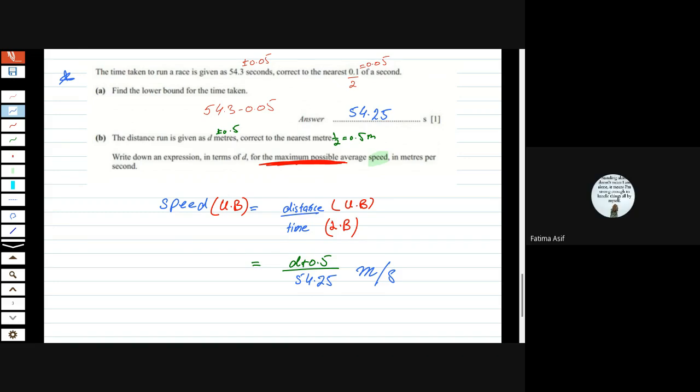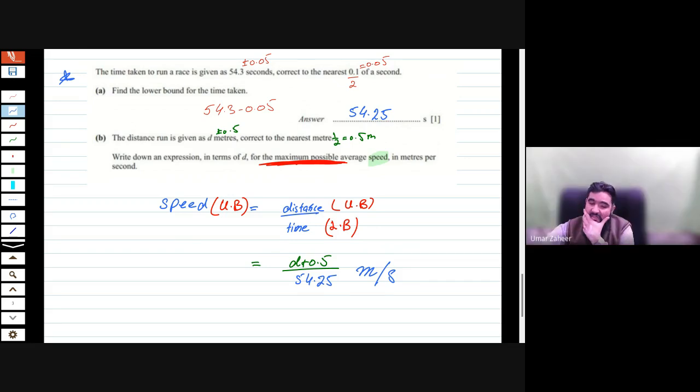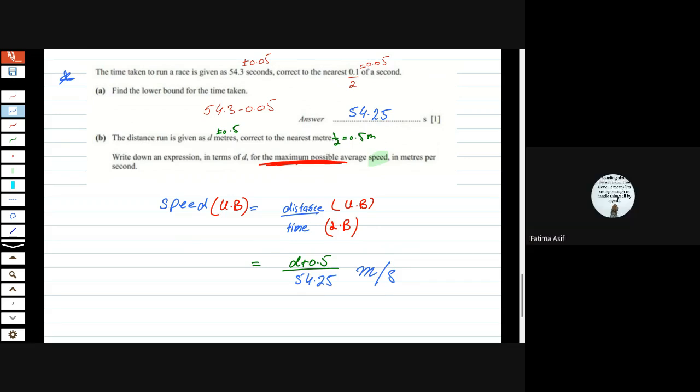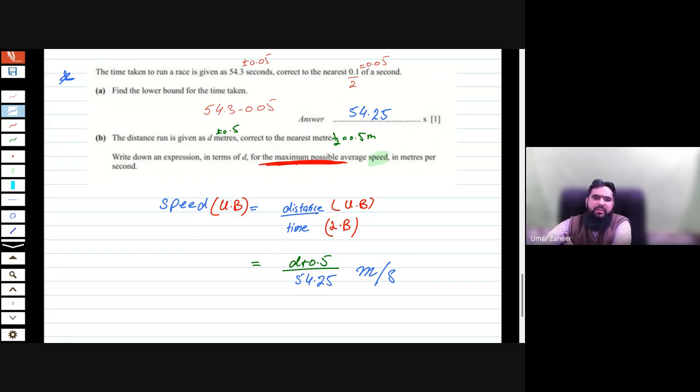Sir, if we divide and solve this, will we get marks for that, or do we have to write d plus 0.5 divided by 54.25? If you want to divide, you can, but obviously this is already a simplified form.